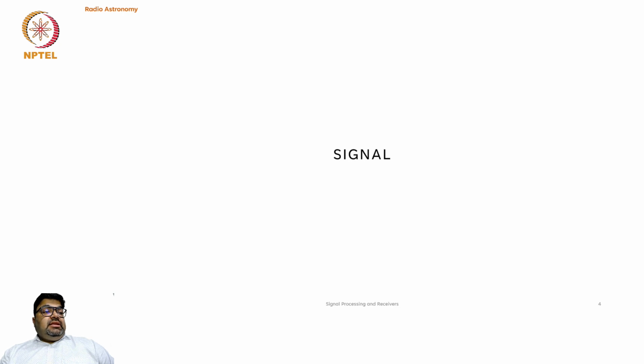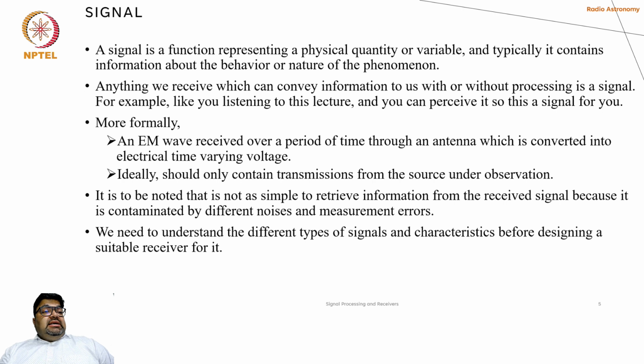To start with, the signal. A signal is basically what is coming from the sky. We have already discussed the nature of the radiation by which the signals originate from the sources in the sky. But we need to understand what kind of signals we are looking into.